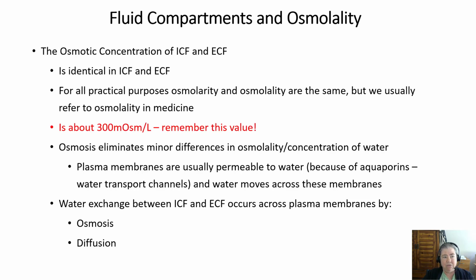Now we'll come back to how those gradients are established. But first, I want to talk a little bit about the idea of osmolality, or osmotic concentration, and how that relates within these fluid compartments.